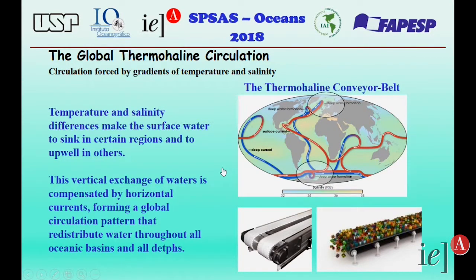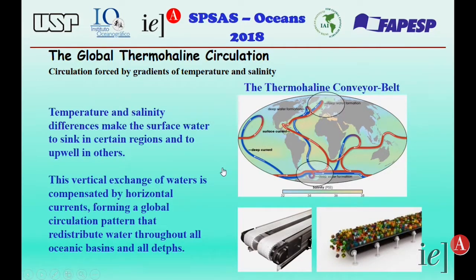The sinking of water in these two regions is in the measure of 40 sverdrups. What is a sverdrup? A sverdrup is a unit that we oceanographers invented to represent 1 million cubic meters per second.